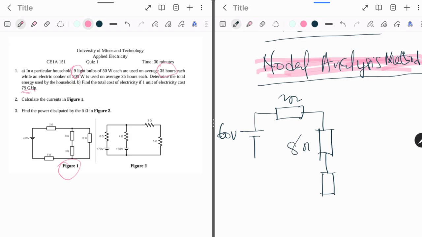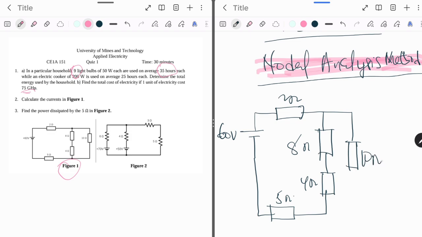Then here is rather 4 ohms. Then I have here 5 ohms. And then the next branch I have only 10 ohms. So this is the circuit diagram.